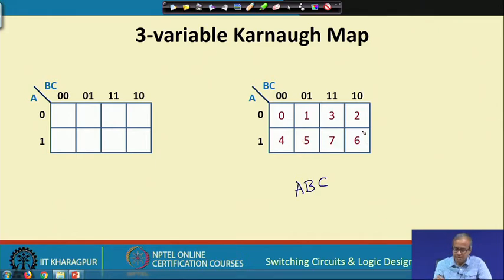So, when you use a Karnaugh map, you should remember these assignments of the decimal equivalent of the minterm values. Okay? 0 1 2 3 4 5 6 7. Now, let us take some examples of actual minimization, how you can use this to minimize functions.